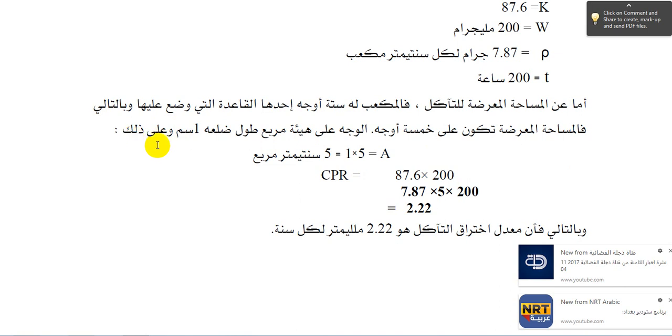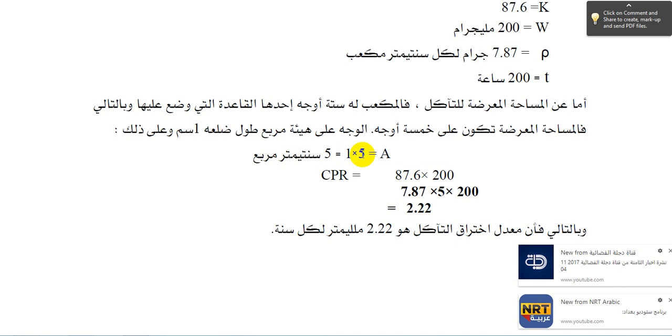Accordingly, we have to solve according to the given information. The area is 1 times 5, equal to 5 square centimeters. CPR equals 87.6 times 200, where 200 is W, over 7.87, the density of iron, times 5 times 200, where T is 200. The area was calculated as the area of a face times the number of faces corroded.